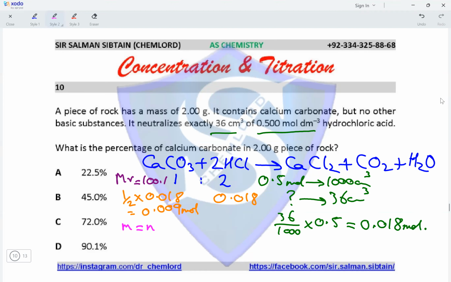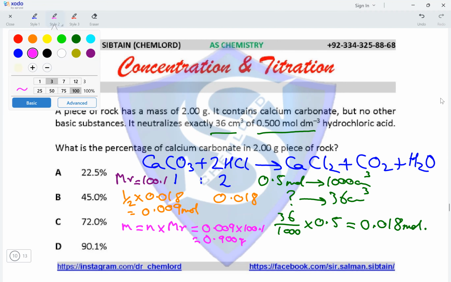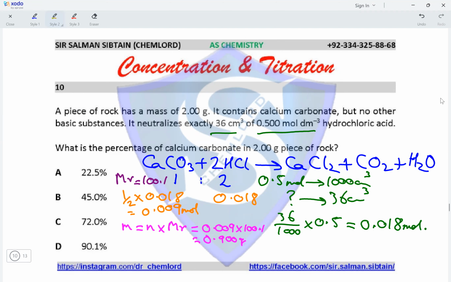Mass equals moles into Mr, which is 0.009 into 100.1. This gives us a value for mass to be 0.900 grams.